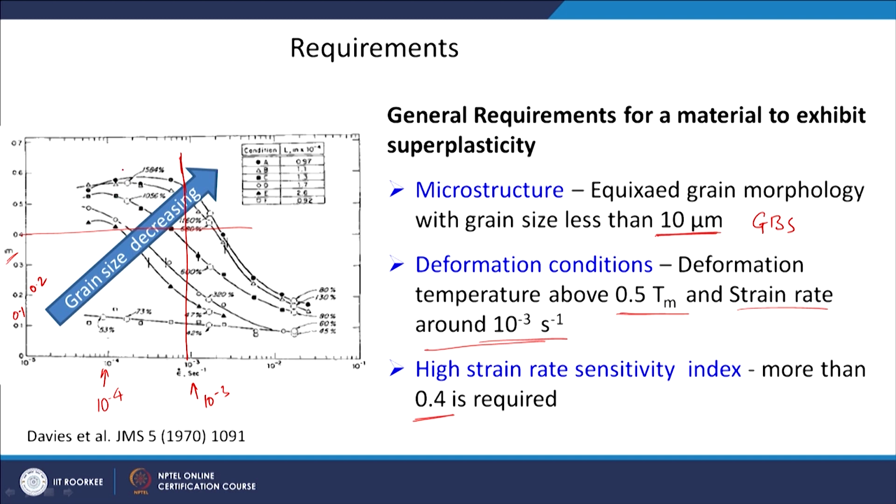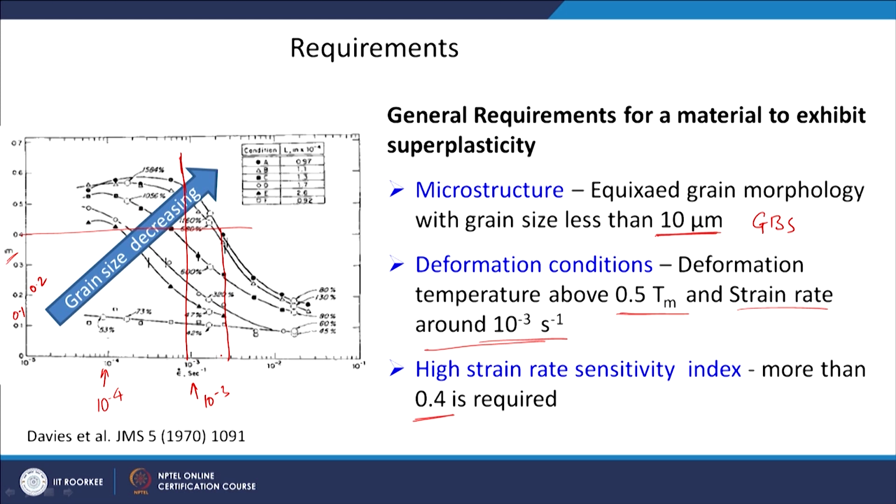And you can also see that as grain size is reducing, my window for high strain rate sensitivity is going towards higher strain rates. So, for example, in a very fine grain material, I can have the superplastic window extended up to 2 into 10 to the power minus 3.